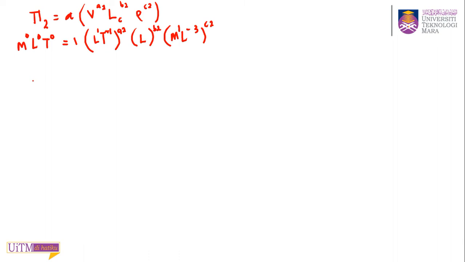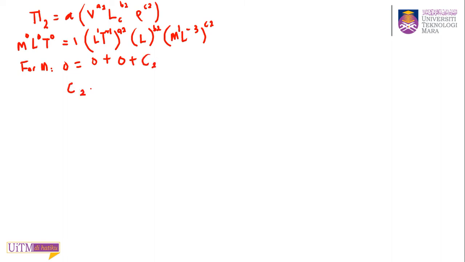Okay, so again we do the same as before for M. Okay, for M0, equal to, there's no M here, 0 plus, this also has none, 0, plus 0 plus only M here in rho. Okay, so we have 1M, so 1 times C2, so this will be C2.